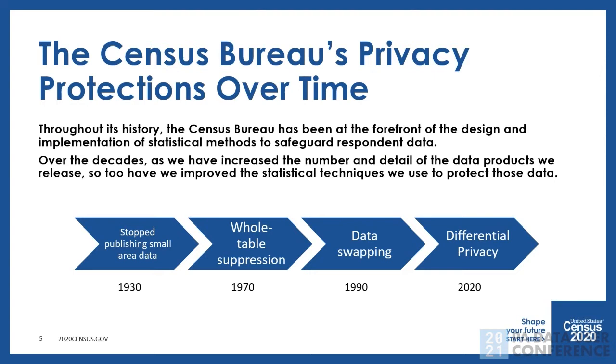Our adoption of differential privacy, or formal privacy, for the 2020 census is merely the latest step in what has been a long history of innovation and continuous improvement to the privacy protections that we use. And this is a necessary step to counter the new 21st century privacy threats that have emerged over the recent years.